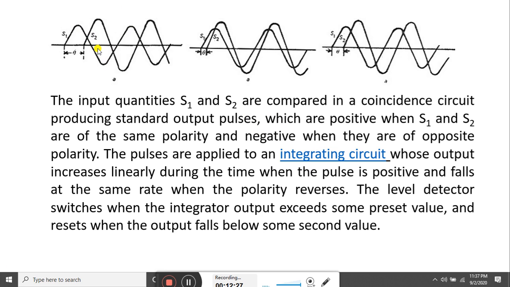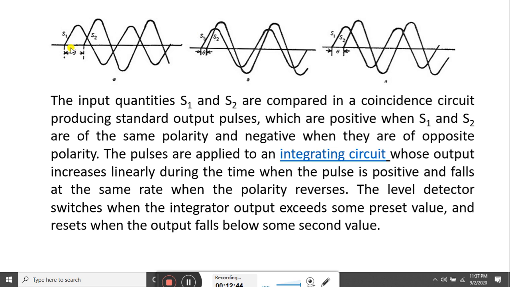If we have two signals S1 and S2, they will have a coincidence period. Different phase relationships of the signals are shown here.